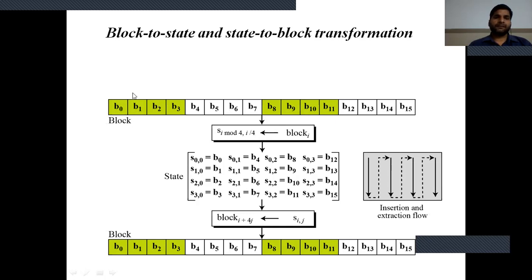For block B0, that is 0 comma 0. B1 is block index 1, giving 1 comma 0, then 2 comma 0, then 3 comma 0. So B0 is stored in S00, and the state matrix is stored in this way.